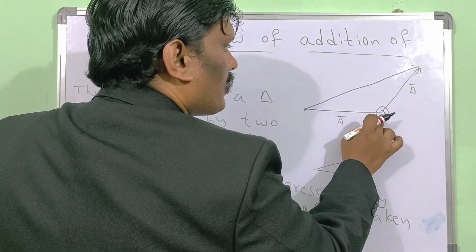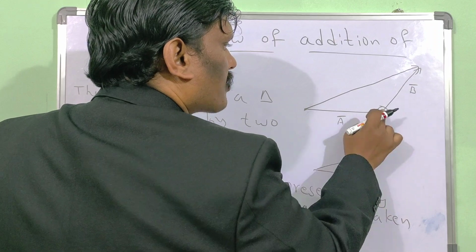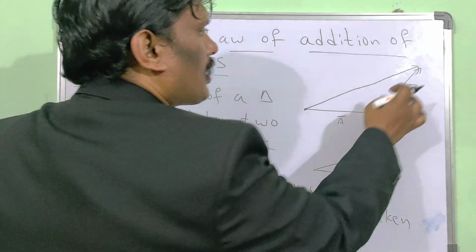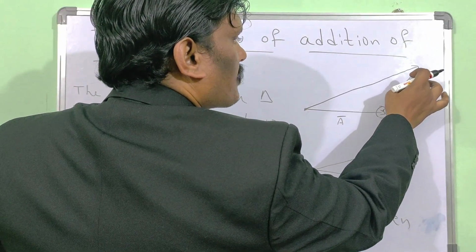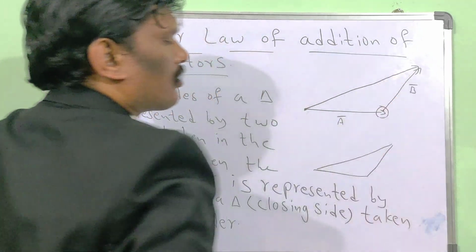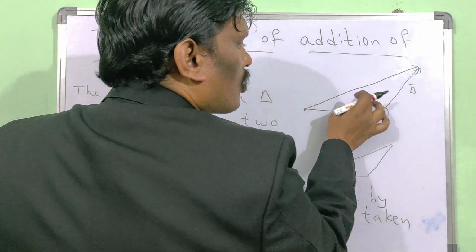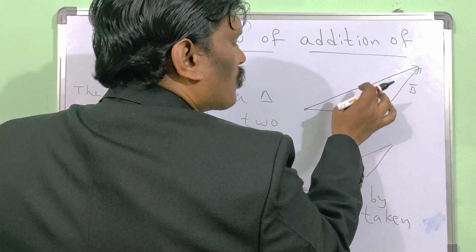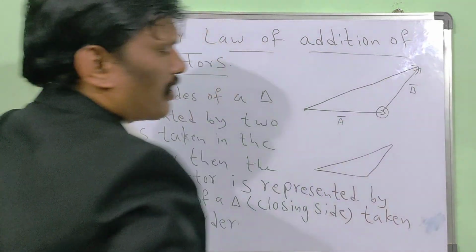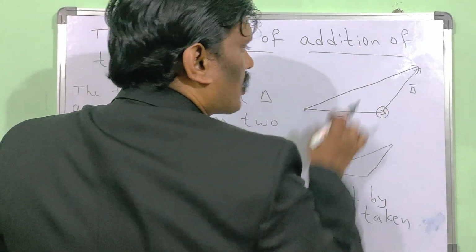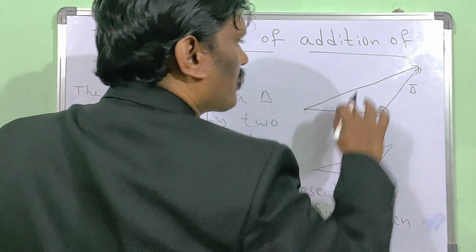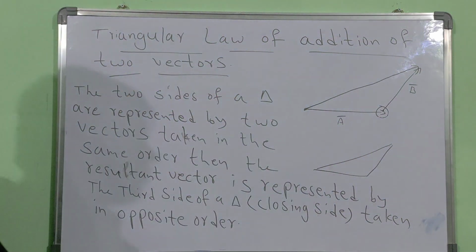Head of the first vector meets the tail of the second vector. So taken in the same order. But here, head of the second vector meets the closing side, that means here the third vector. So the resultant vector head and B vector head both meet. That's why this is not the same order. This is the reverse order. Both tails meet, both heads meet. It is taken in reverse order.